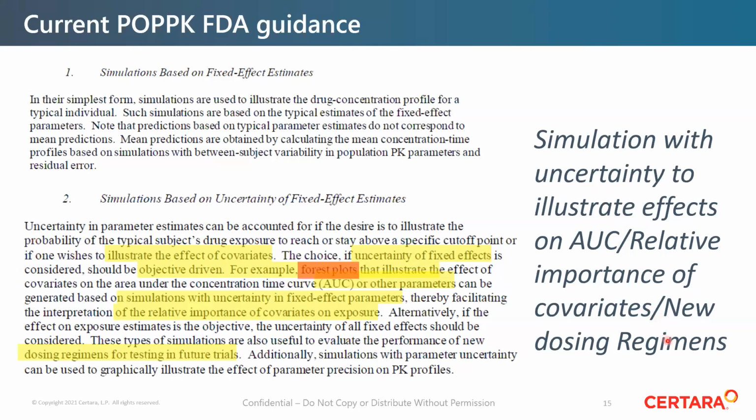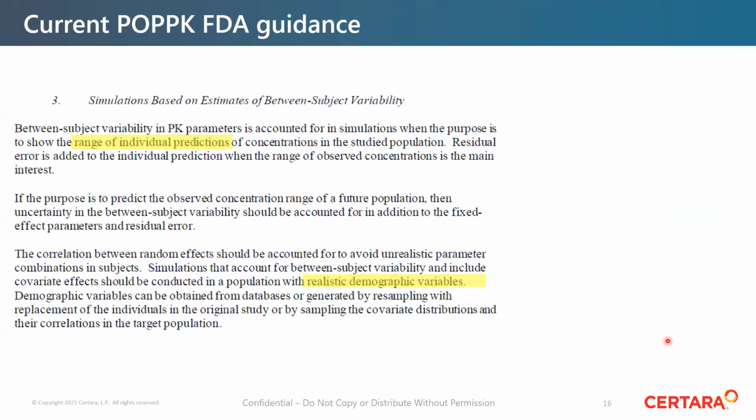Also in this guidance, there is another type of simulation where we incorporate between subject variability, and that's important when we want to study the range of individual predictions. It's okay, what kind of AUC values I might have in my population of subjects.